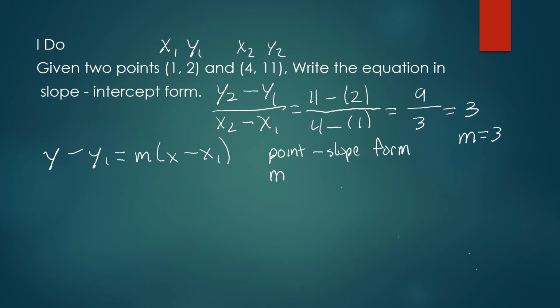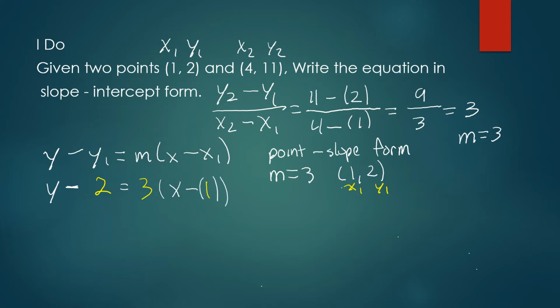Now I'm going to use my slope, and I'm going to pick a point, 1, 2, and I'm going to label it. So now I'm going to substitute my slope and my point. So y minus y sub 1, which is equal to 3 times x minus 1.